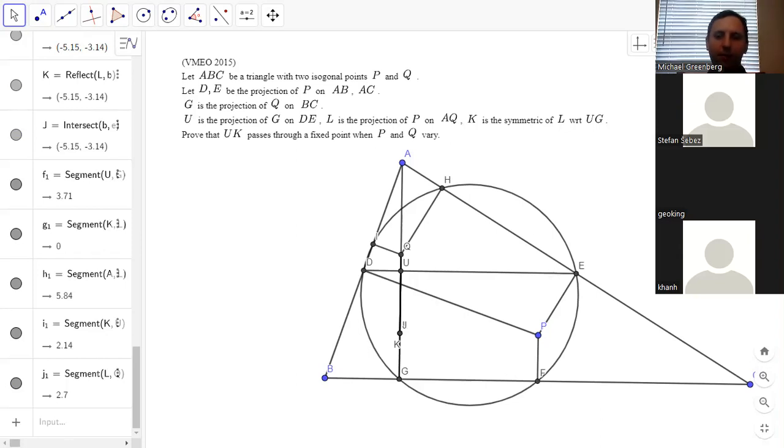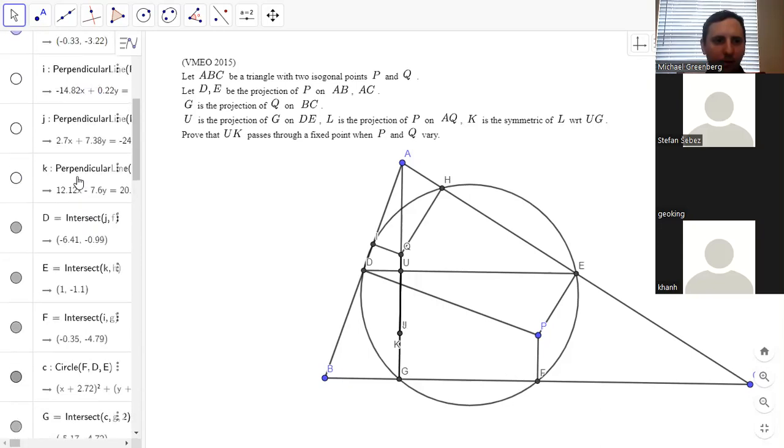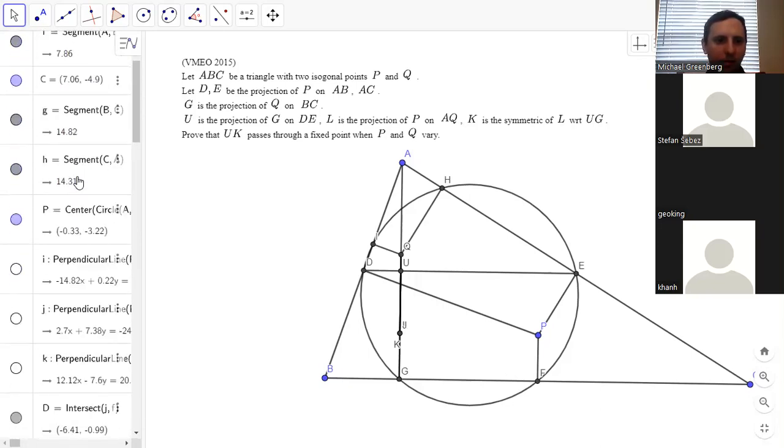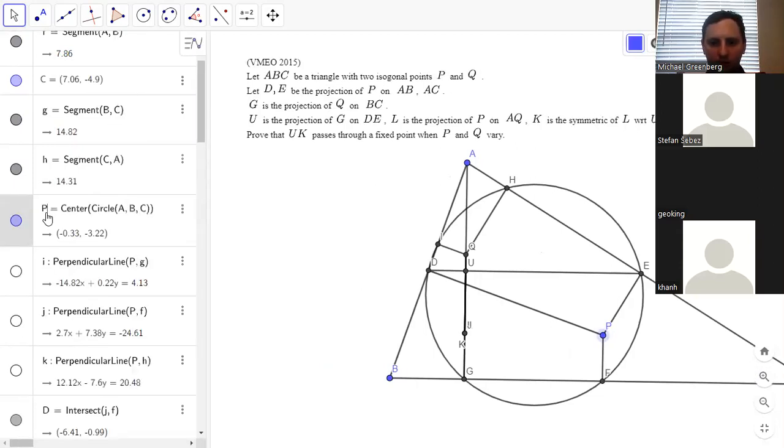And maybe from there we could let Q be the orthocenter, the center of ABC, and then we can know it. What is the fixed point, by connecting UK with the altitude from me? So wait, did you say you want to let Q be something? Okay, so we let P be the center of ABC, and we know that the fixed point must lie on the altitude.